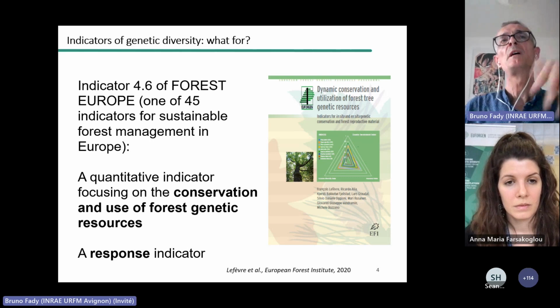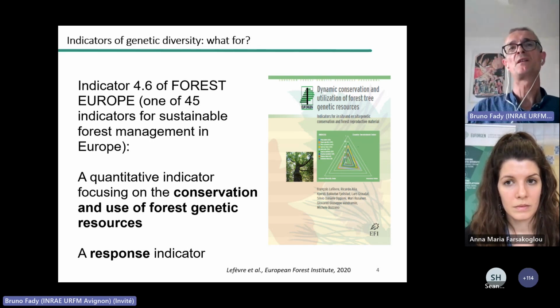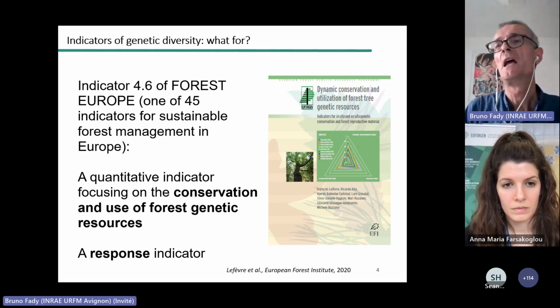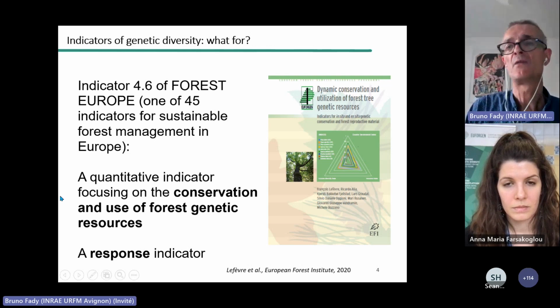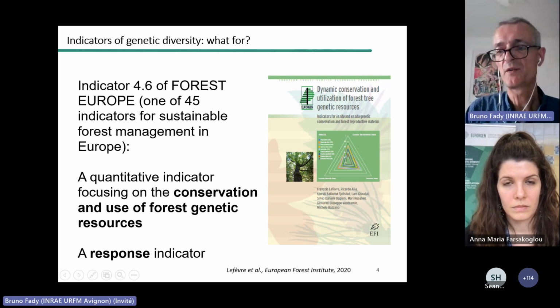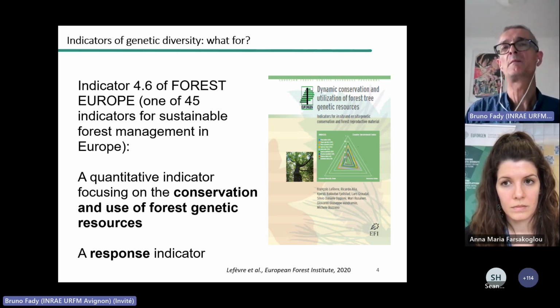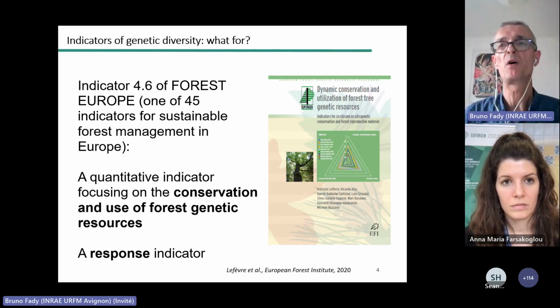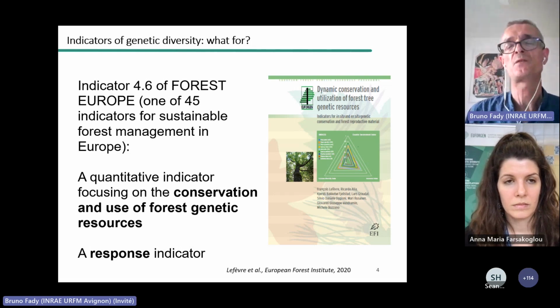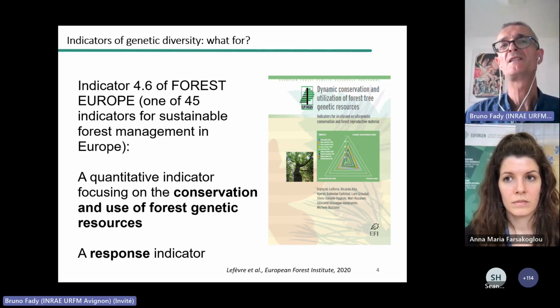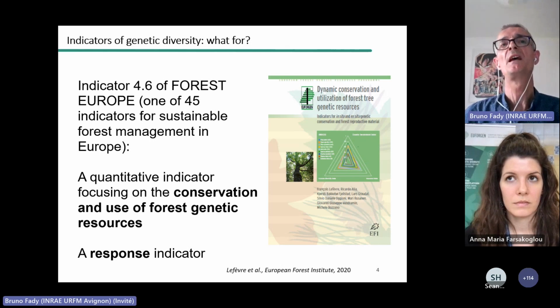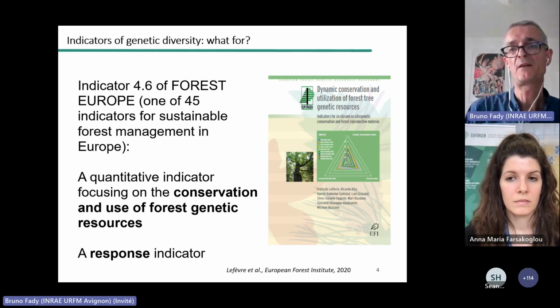One of them, indicator 4.6, focuses on conservation and use of forest genetic resources. It has been recently reanalyzed and changed, so it is more realistic in terms of what countries do to protect and sustainably use their genetic resources. In this aspect, it is not a state indicator, it is not a benefit indicator, it is a response indicator.